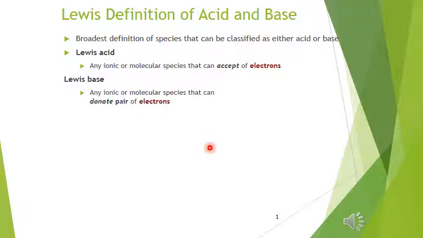He was coming up with ideas that were way ahead of their time, that nobody had thought about, and that turned out to be right. It's amazing. So Lewis looked at acids and bases in a bigger sense than Arrhenius and Bronsted-Lowry, and he said it can be looked at in a broader sense.